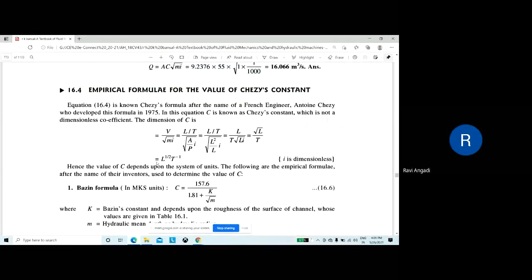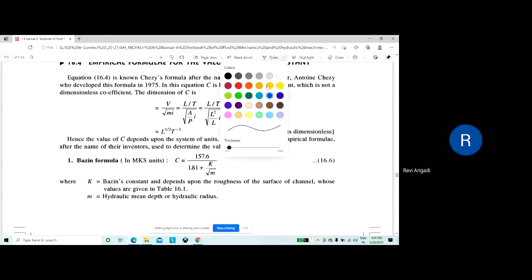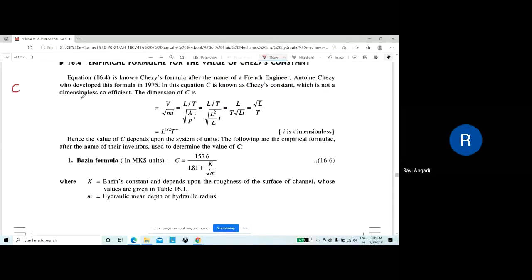So here is the Chezy's equation, that is, the value of C. Chezy's formula is named after the French engineer Antoine Chezy, who developed this formula.